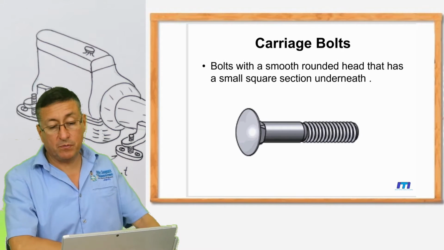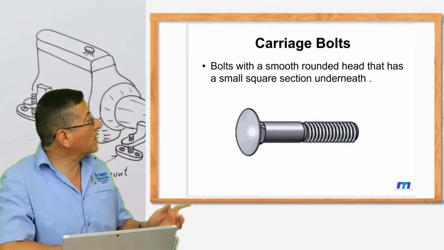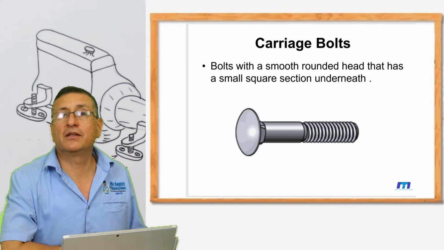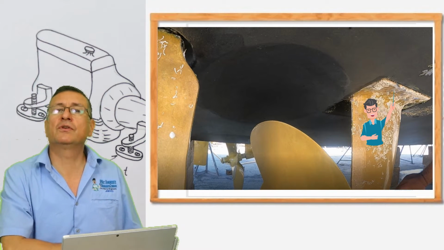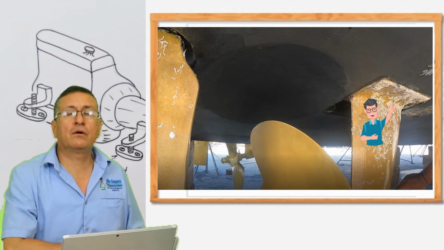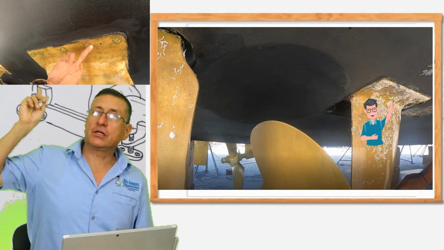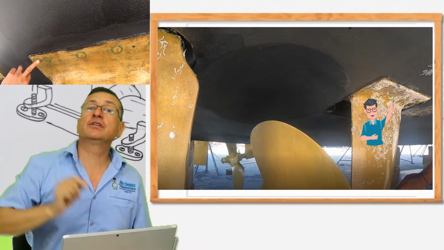This is another type of bolts commonly used, the carriage bolts. You remember those bolts in the bumper of your cars? Yeah, it's commonly used, but it's also used in the struts on the propulsion system.